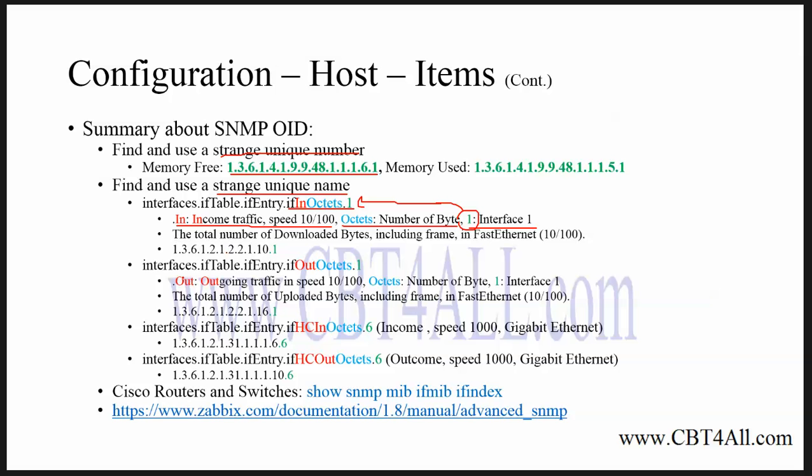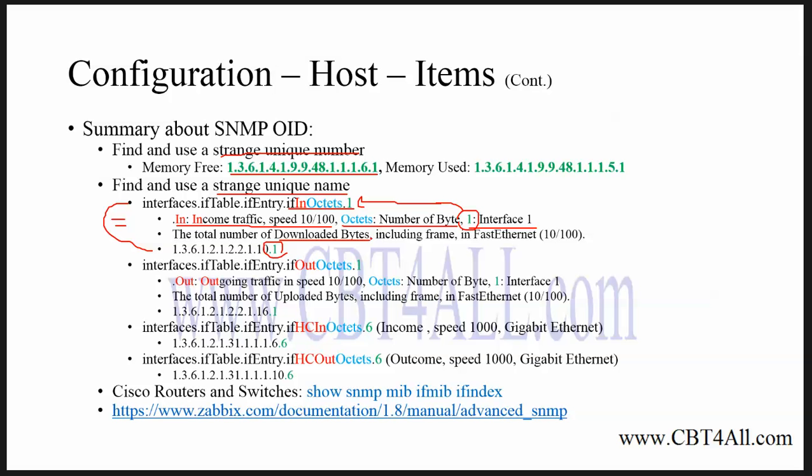So if I want to say it in English, it means the total number of downloaded bytes, including frames, in fast Ethernet, which is up to 100 megabit per second. This strange name equals this strange number, and also this is the interface number.